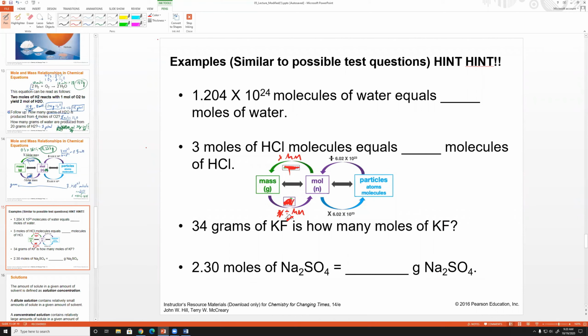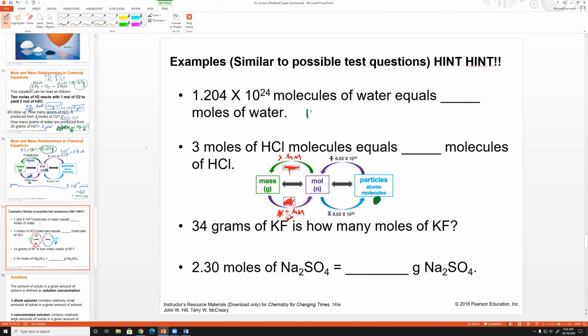All right, first one. 1.204 times 10 to the 24 molecules of water equals how many moles of water? So if we're going from molecules to moles, which is here, particles and molecules, all the way to moles, we're dividing by Avogadro's number.